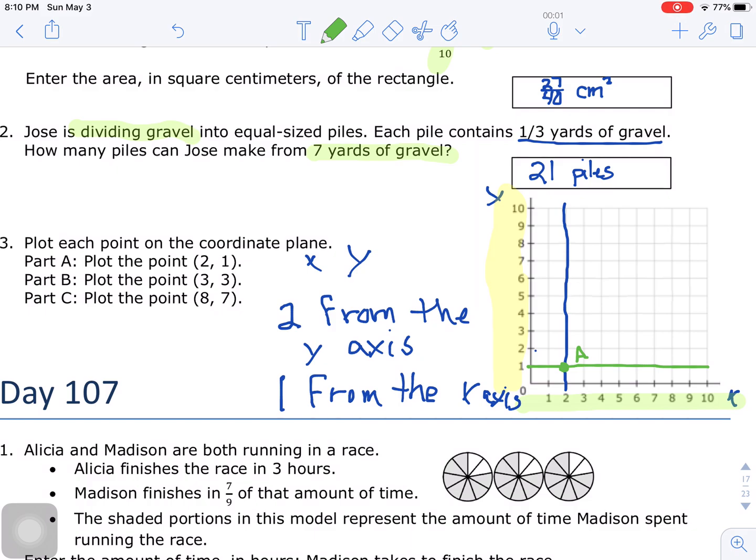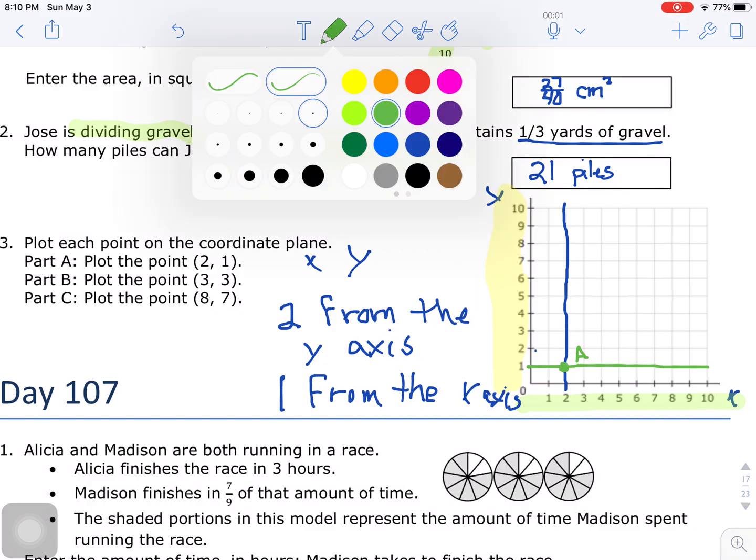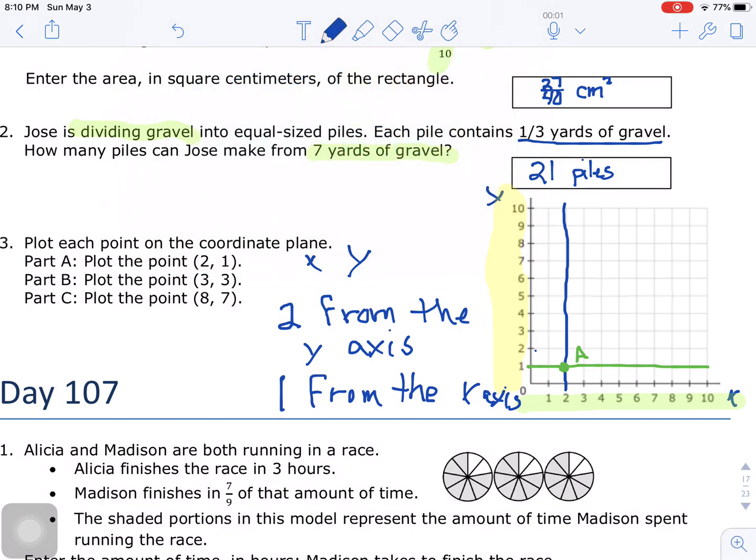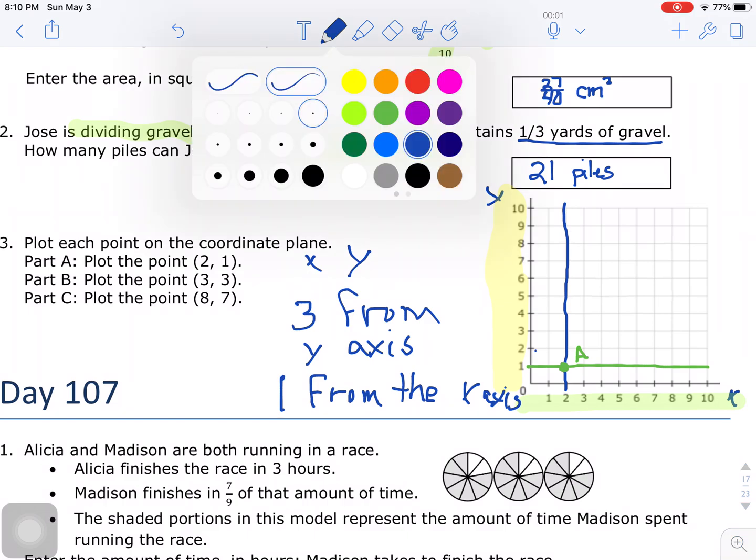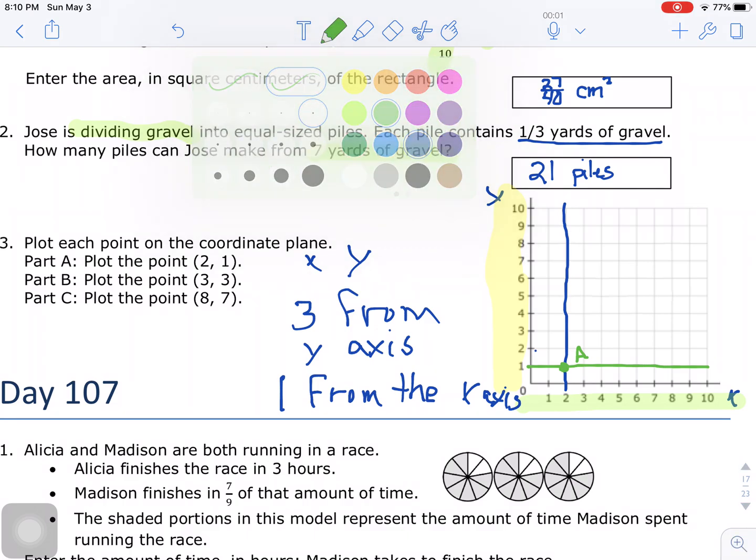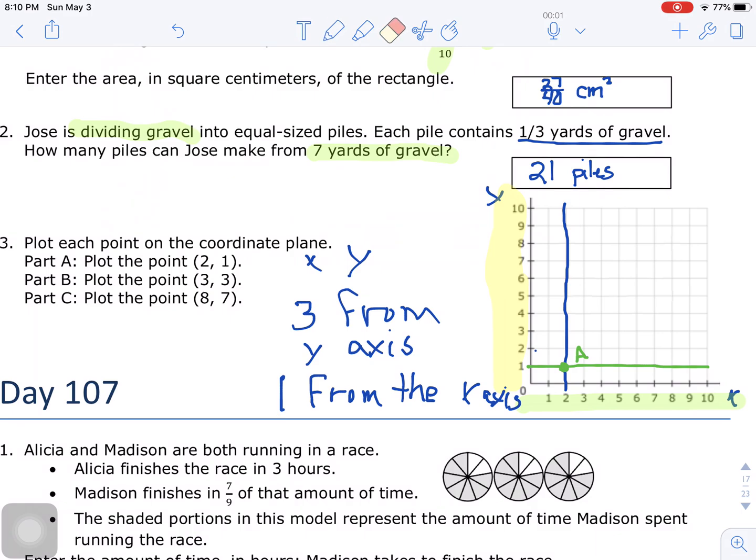Okay, so let's do that again. Again, it's just a different way of looking at this and thinking about it. So for the next part, we are 3 from the y-axis, and I'm going to change to green here just to be consistent.